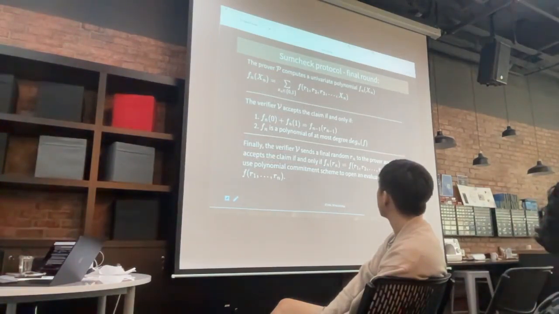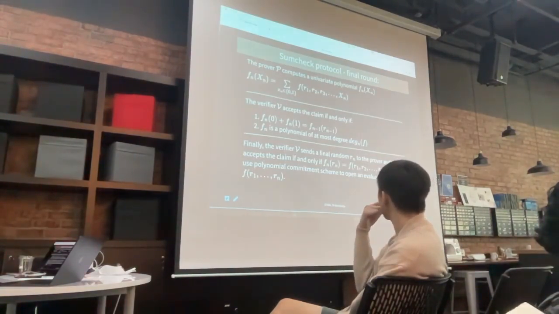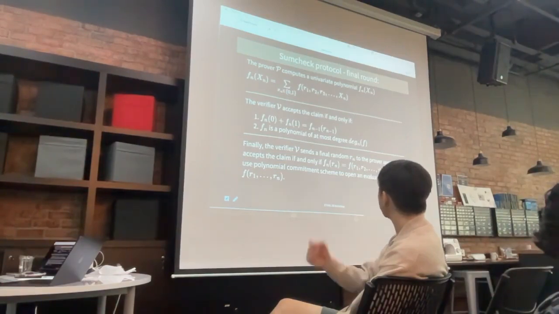We can give the final univariate polynomial f n minus 1 of x n minus 1, and then f n of xn. Then I'm going to evaluate that at r n.